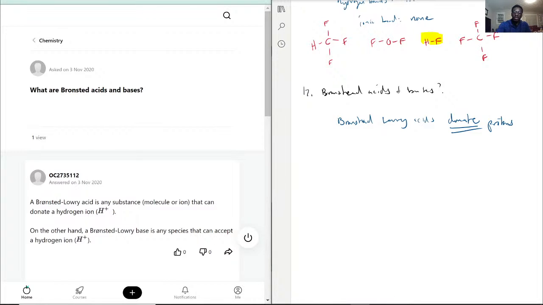The bases accept protons. Now the trick about this is that you have to recognize when it's appropriate that it can donate and when it's appropriate that it can accept.